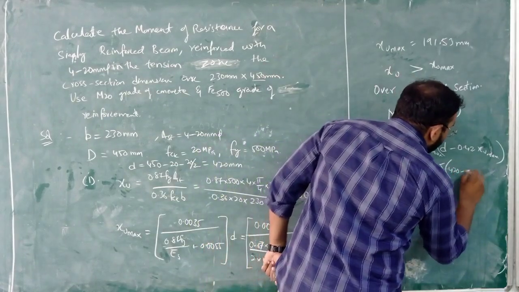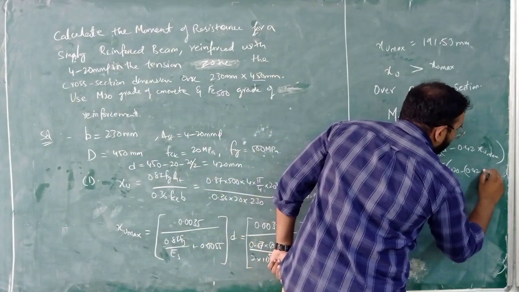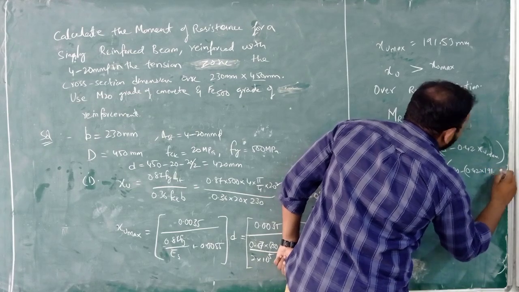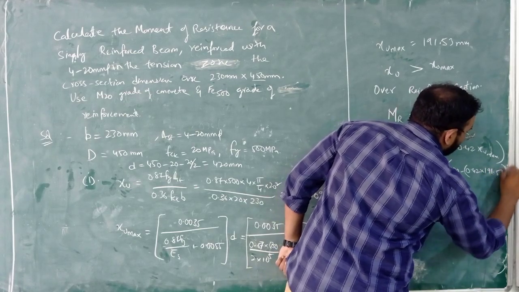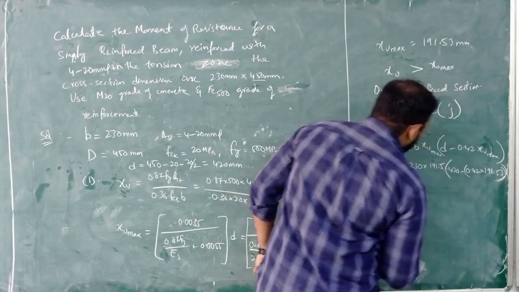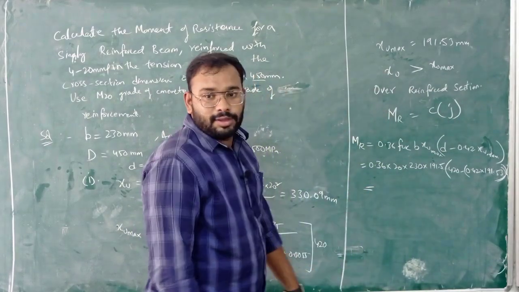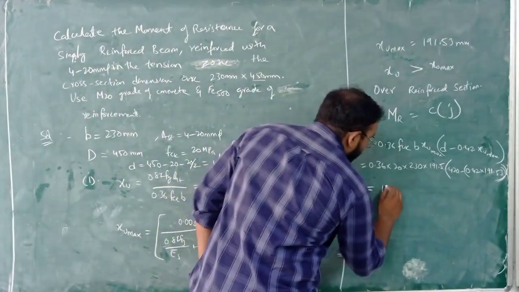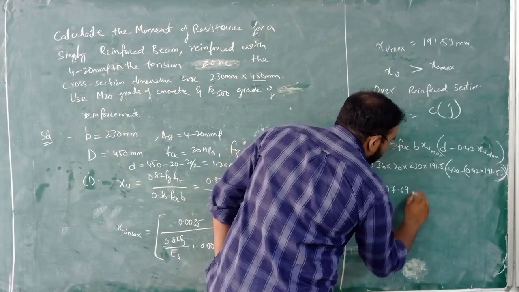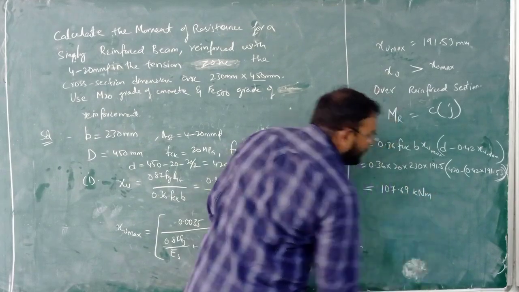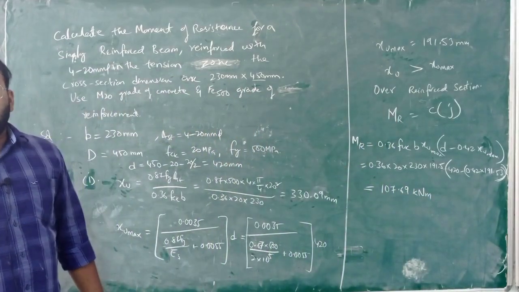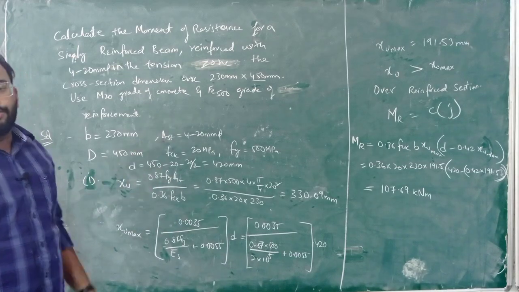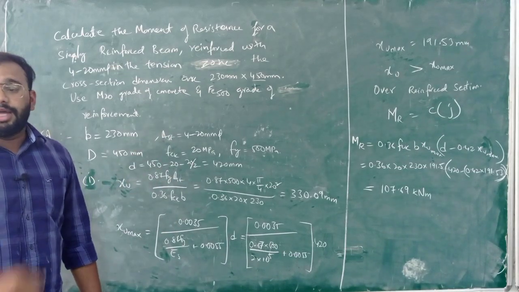Beyond this you have tension, but if you take this value, it is not justified. You are using Xu equal to 330 in calculations, and that is not correct. So this formula will change now. This will be Xu max here always. Whenever you solve the problem, this will make you more clear.